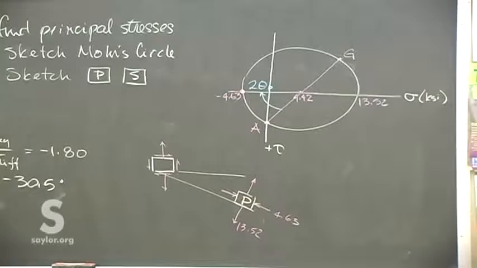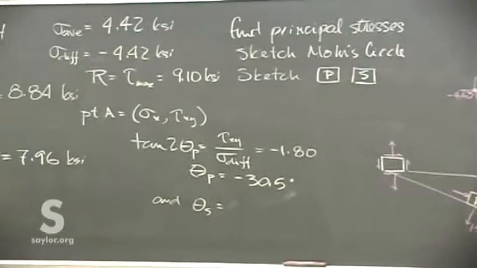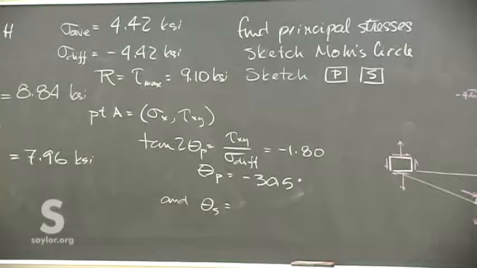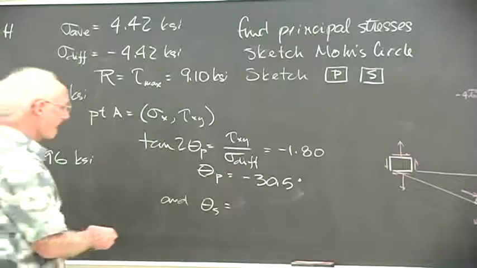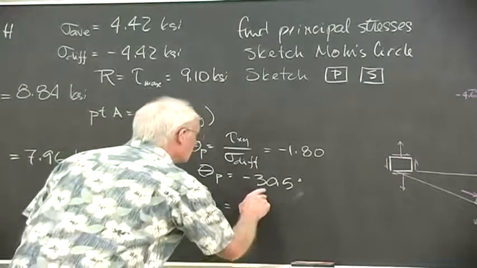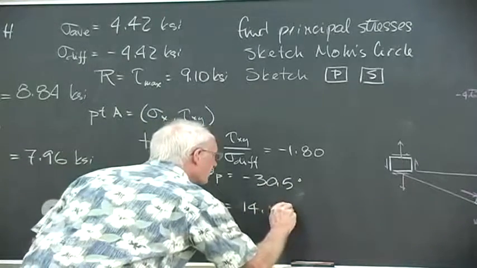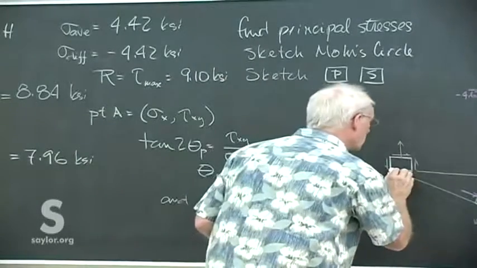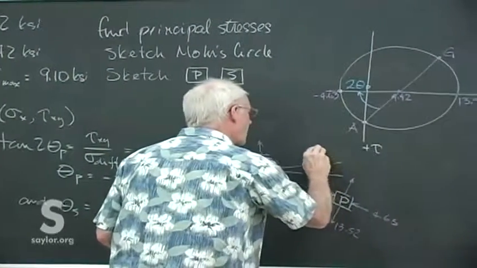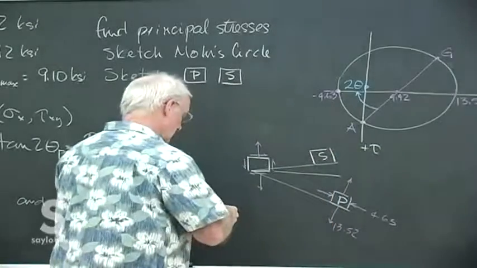And then in the same way we can figure out what theta S is. It's just 45 degrees off of that, so that's what, 14.9, is that right? I didn't even write it down. Yeah, 14.5 degrees. And that's our S direction.